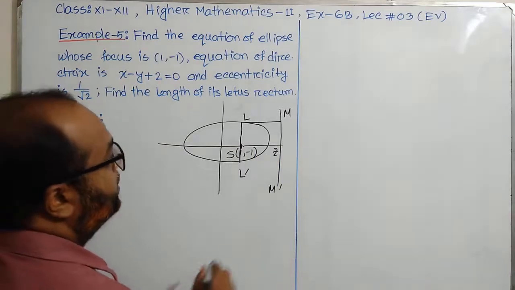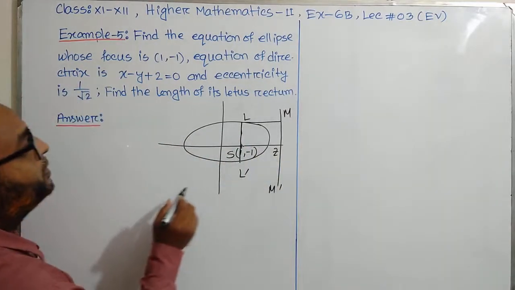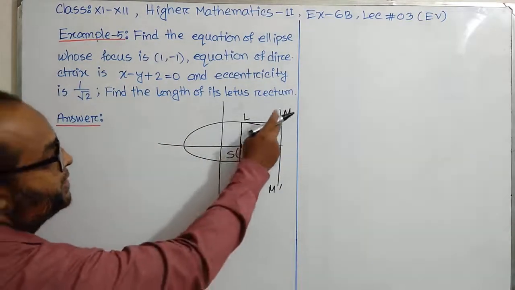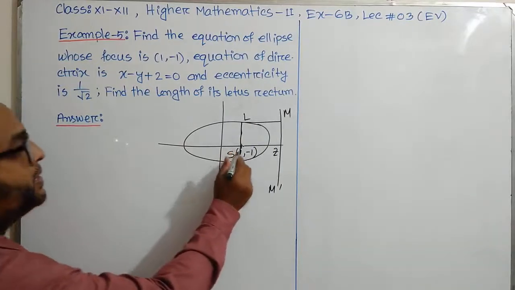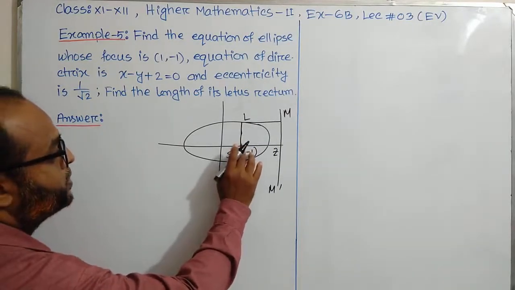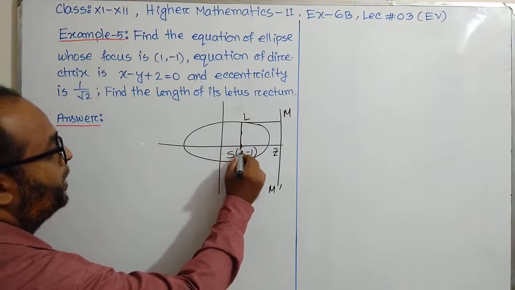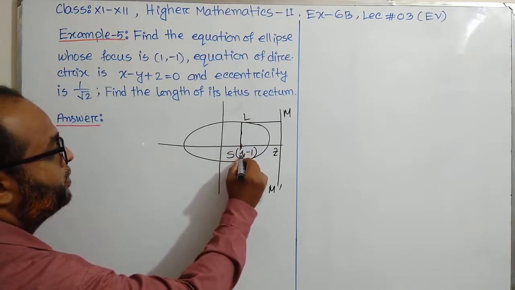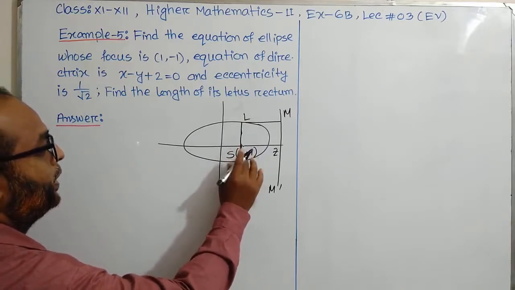Okay, now the equation of directrix, this is M prime and focus, this is (1, -1).